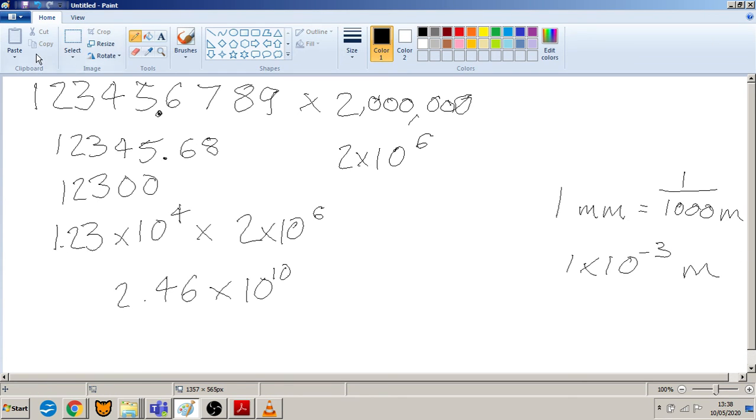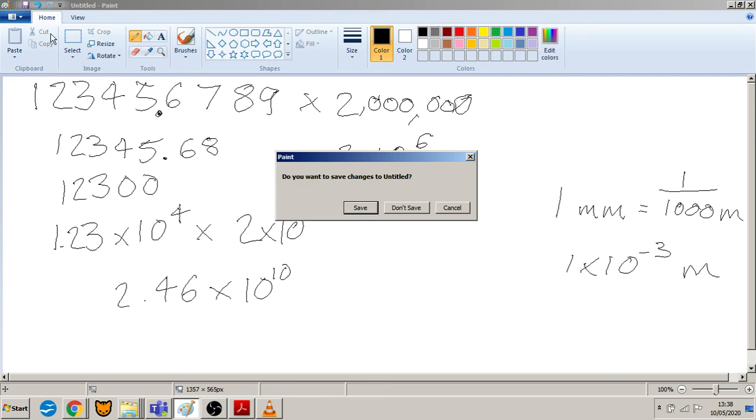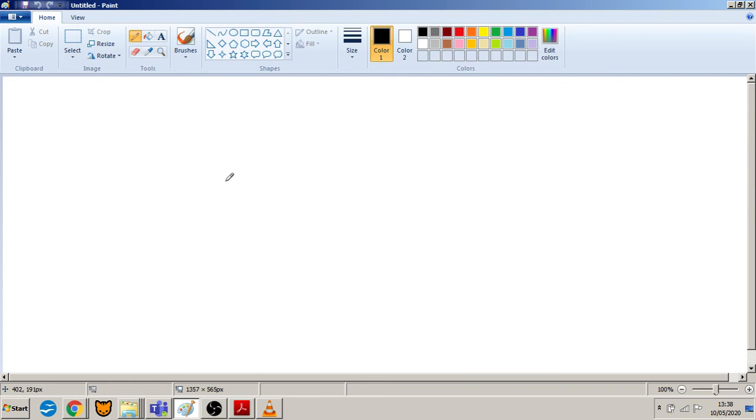Okay, I'm going to just go new again. So let's do a little table. So there's 1, and then milli is to the minus 3, and then what's the other way around? Well, kilo is 10 to the 3.